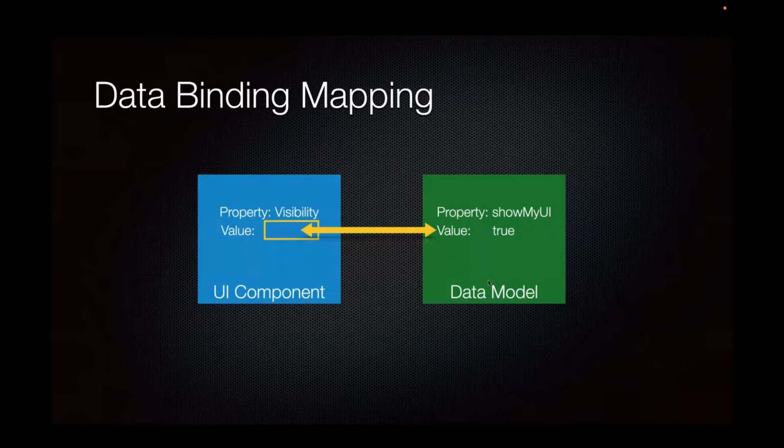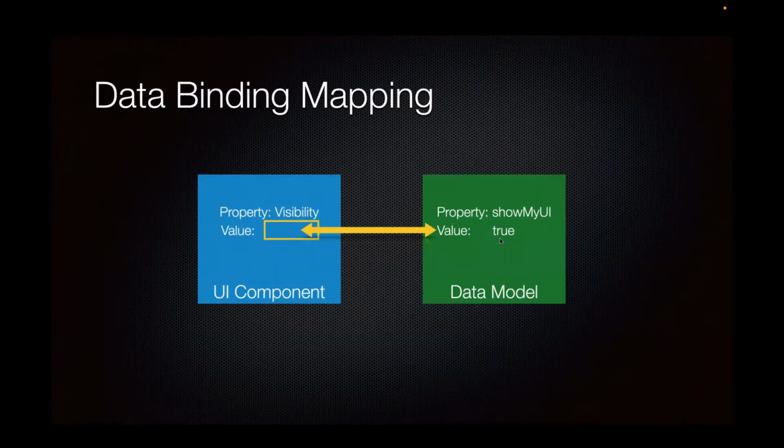So whenever the data model's show my UI property is updated, and let's say the value becomes true, then the UI component will be re-rendered and it will become visible because the underlying value is true. Now, if you update the data model and set the value of this show my UI property to false, then the UI is going to be re-rendered, and this component will become invisible because the underlying value is false.